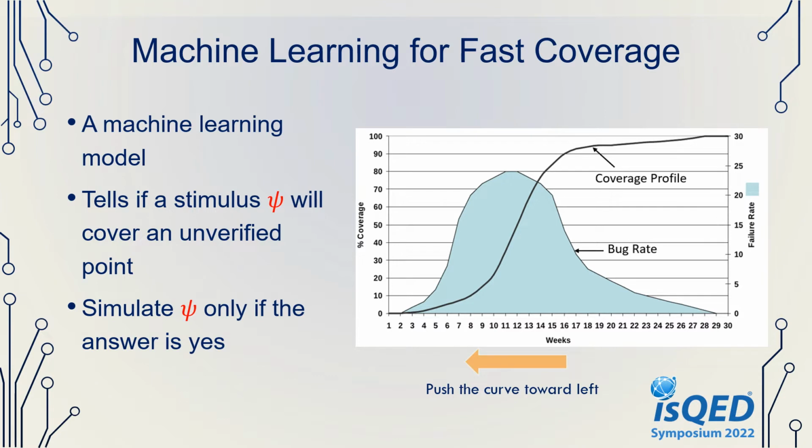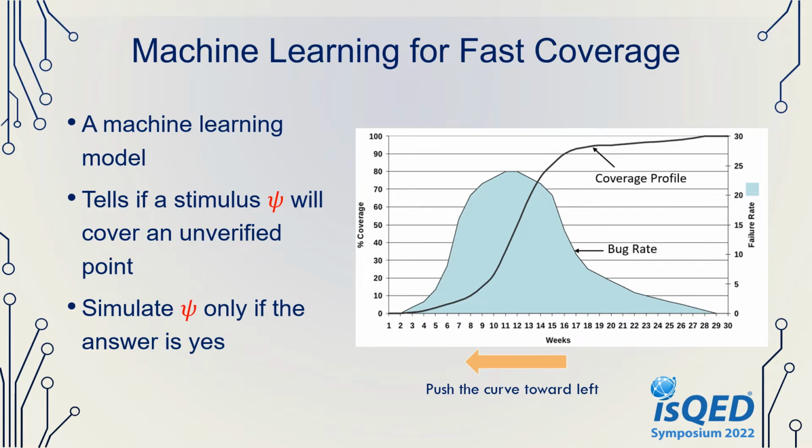The machine learning is to push this coverage curve toward the left so we can reduce the verification time and achieve high coverage in a shorter time. So how to do that? We build a machine learning model. The machine learning model is to tell whether or not a stimulus will cover a new point which has not been verified in the previous test.